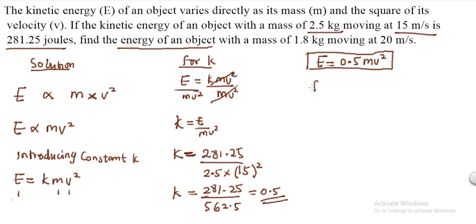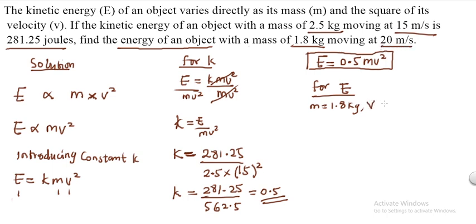So that means we're finding energy. So I'll say for energy, we are given the mass as 1.8 kilogram, so when the mass is equal to 1.8 kilogram, and we are given the velocity as equal to 20 meter per second.